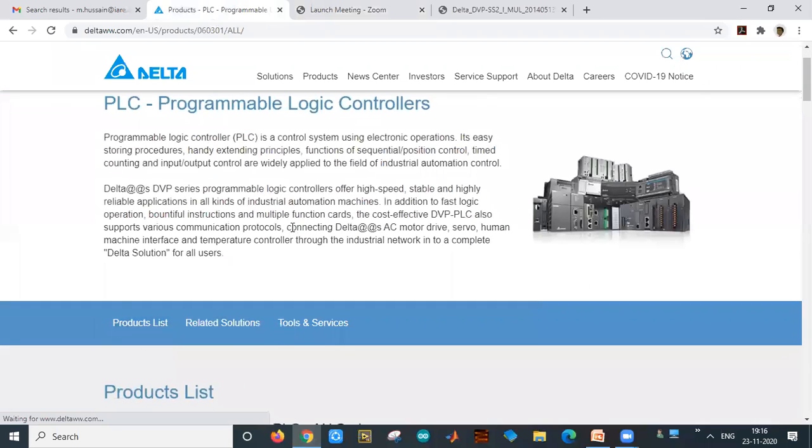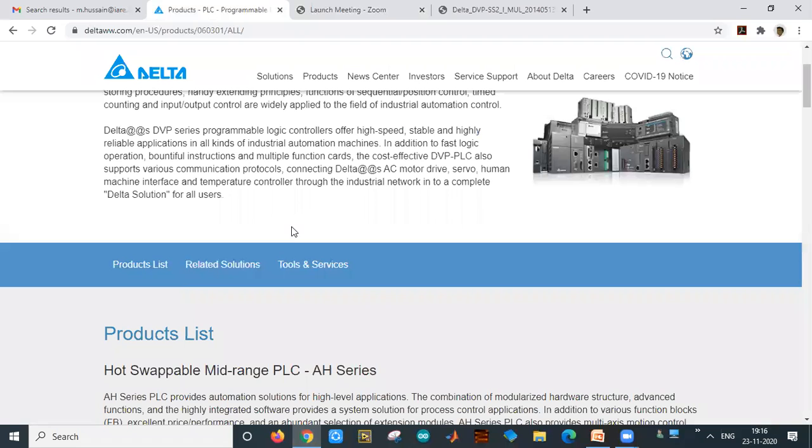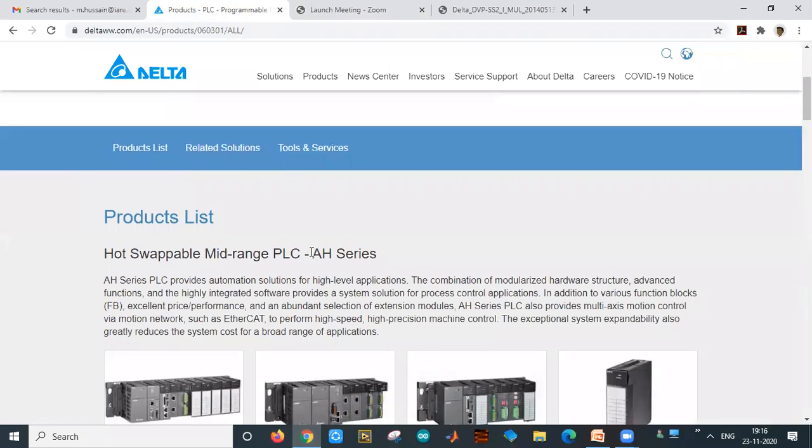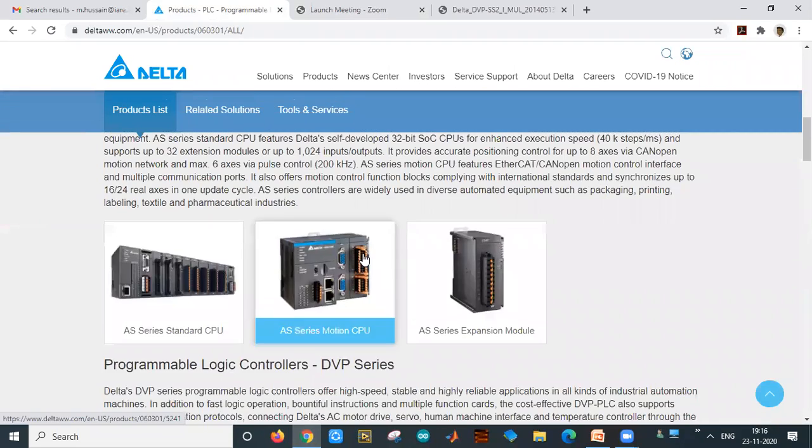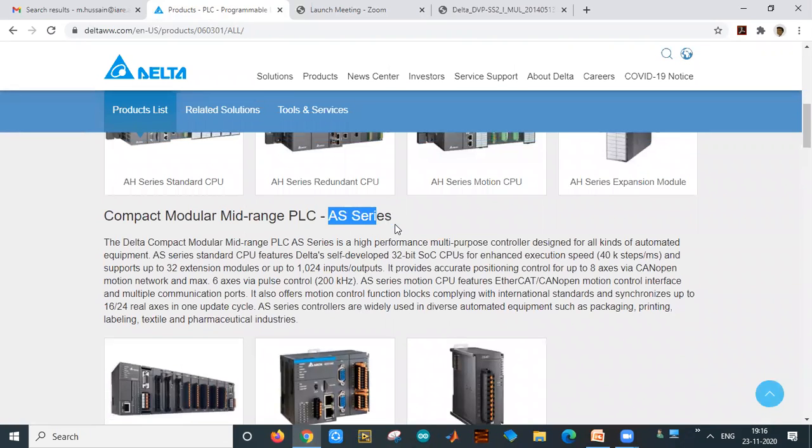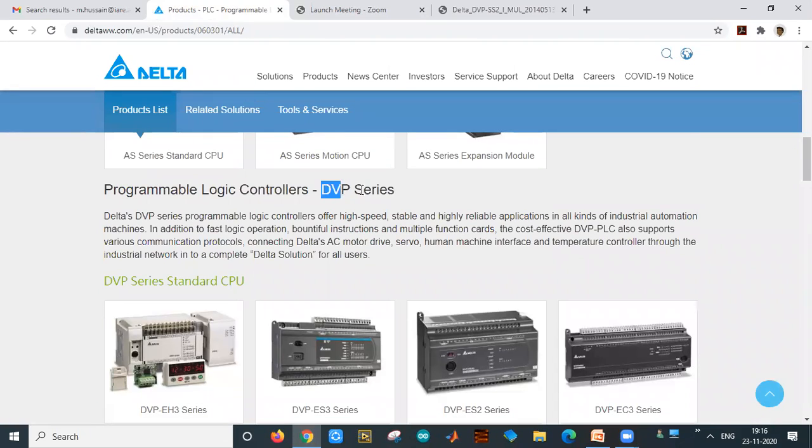Okay, so in the Delta company, there are different series PLCs available, which are AH series, then AS series, and DVP series. So these are the three types of series available in Delta PLC, under which I'm going to give you a small overview about the DVP series PLC.